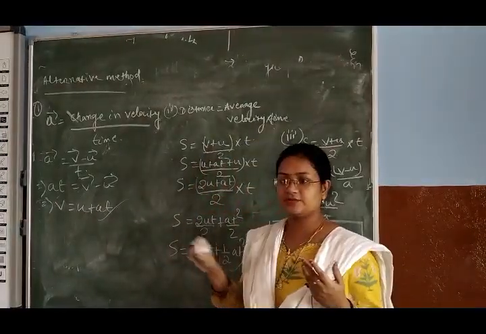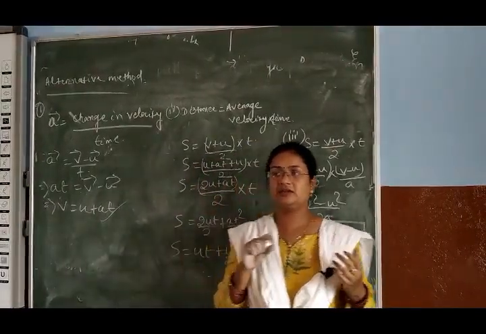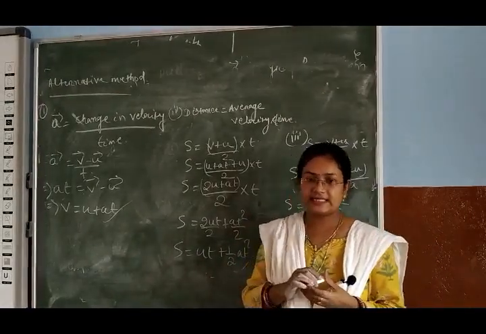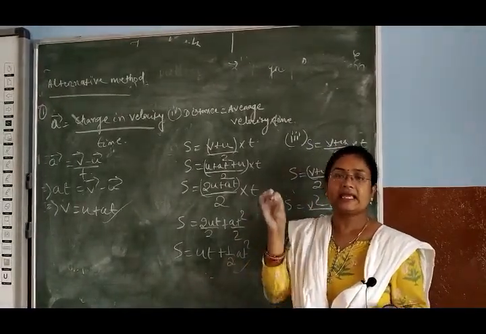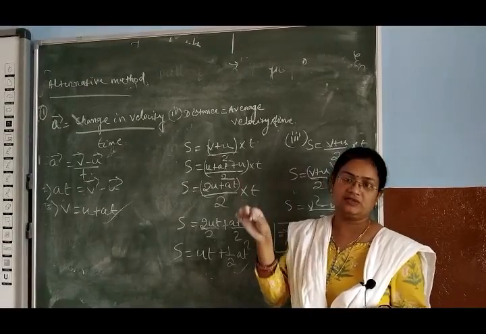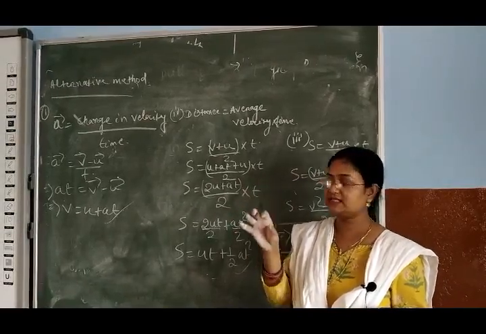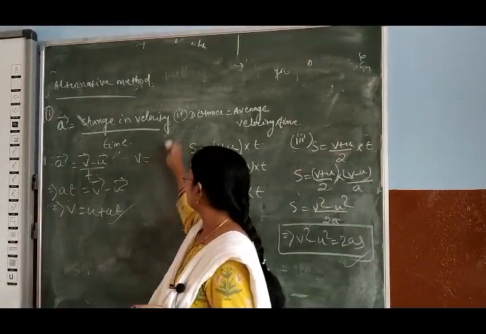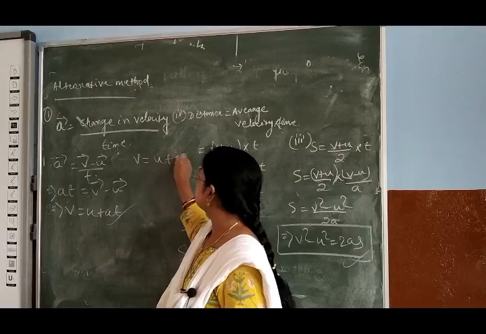Suppose the question is: write the three equations of motion for a freely falling body. You will see that in place of A you just write G. For example, our first equation of motion is V equals U plus AT.